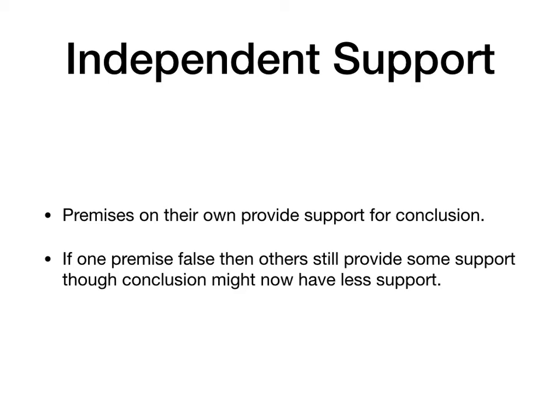Independent support means that the premises on their own provide support for the conclusion. Each premise, standing on its own, gives some support to the conclusion. What this means is if one premise is false, then the others still provide some support, though the conclusion might now have less support.